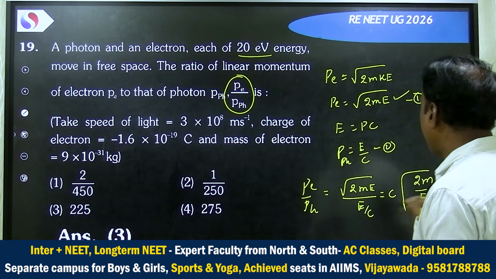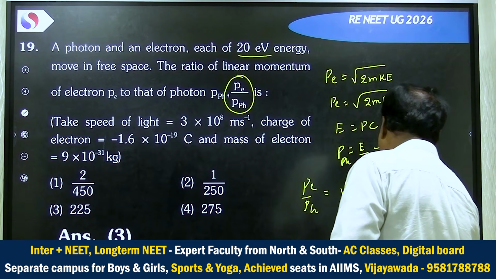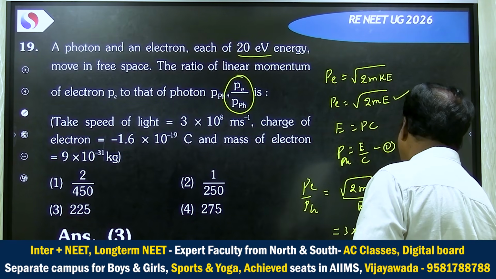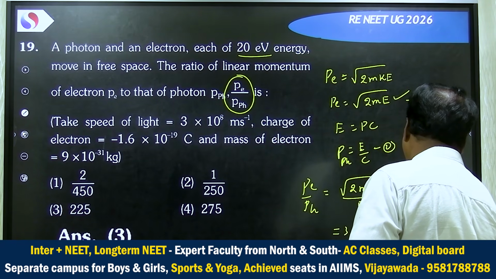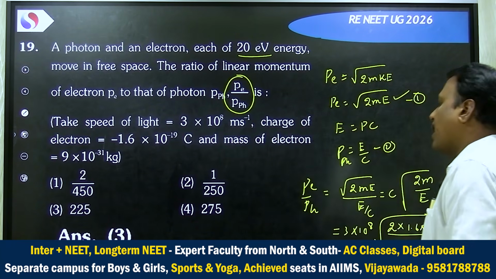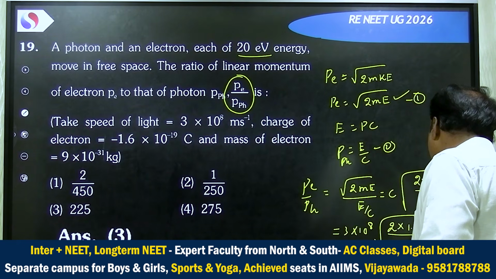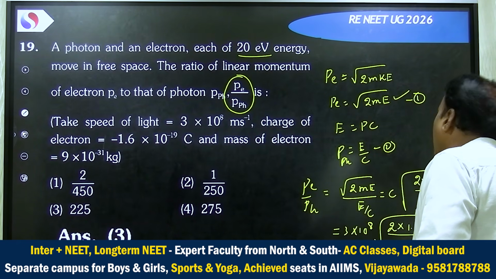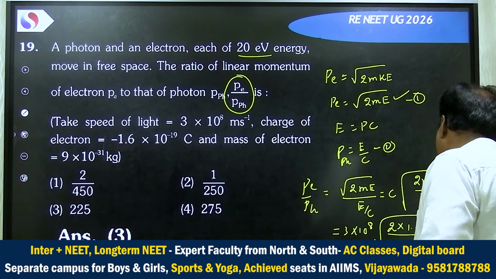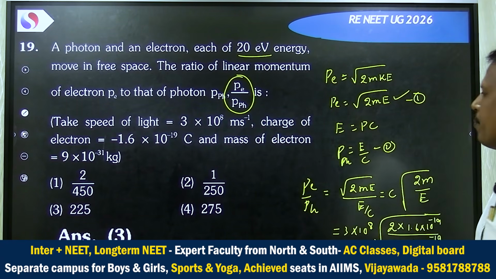2m by E. Before substitution, think about the C value, 3 into 10 power 8. Mass of electron, 1.6 into 10 power minus 19. And energy given 20 electron volt. Electron volt means 1.6 into 10 power minus 19 joule.